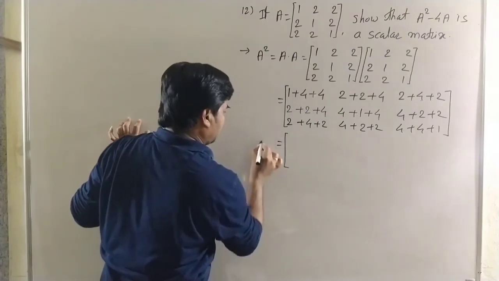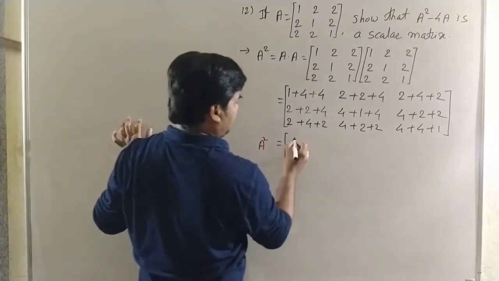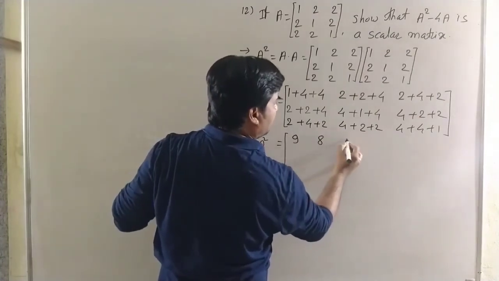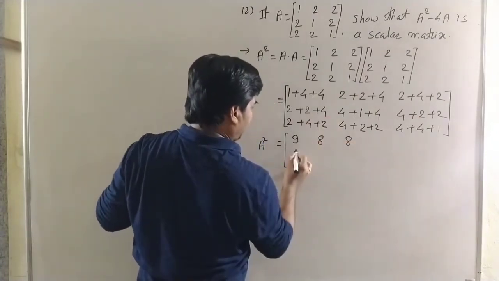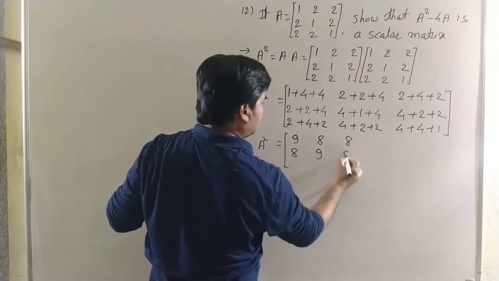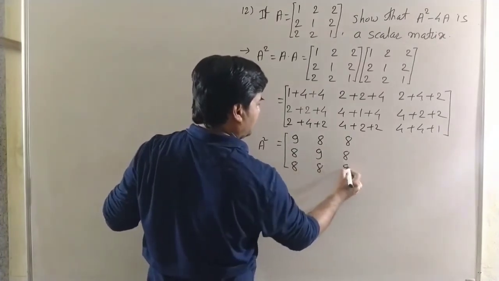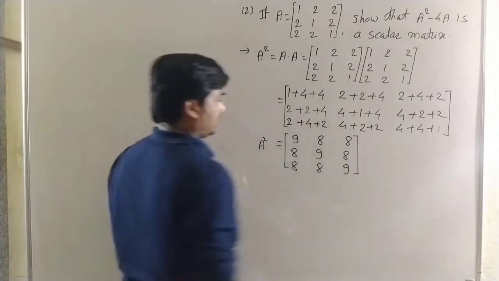Now we get A square, which is 9 8 8, 8 9 8, 8 8 9.